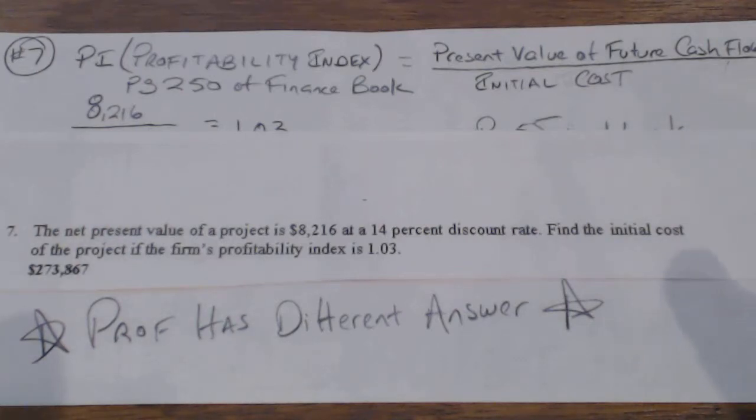Two different things. The only way those two things would be the same is if there was zero initial cost. If it was just future cash flows, then they would be the same. So that's kind of confusing in the first place.